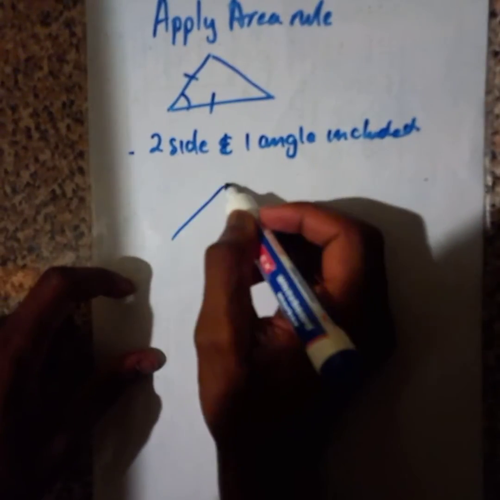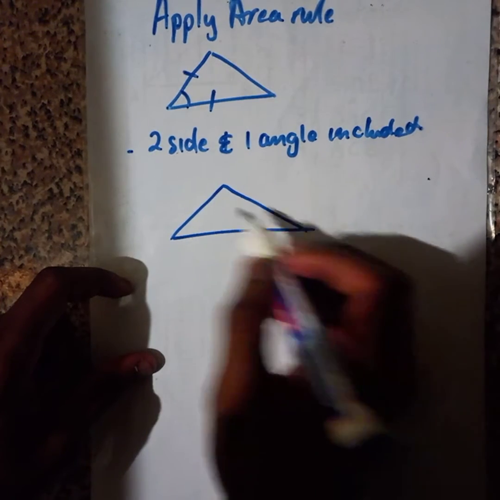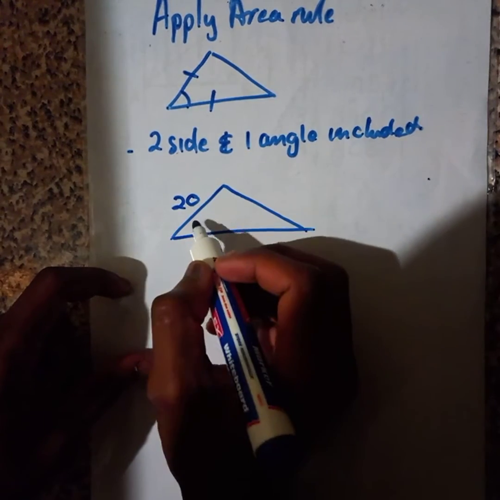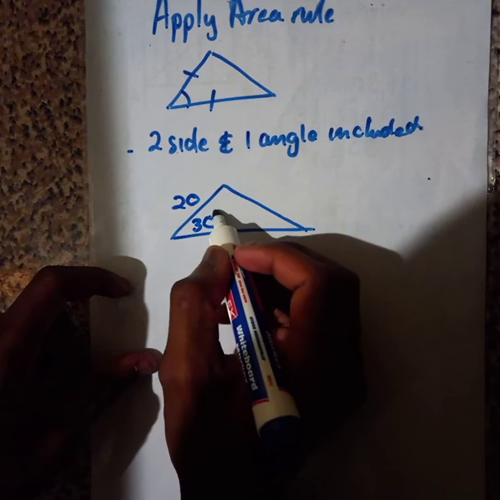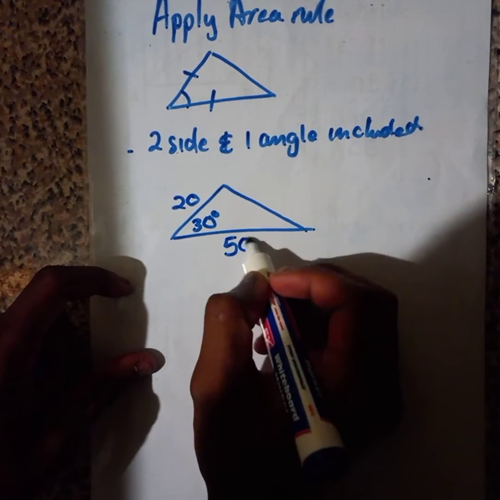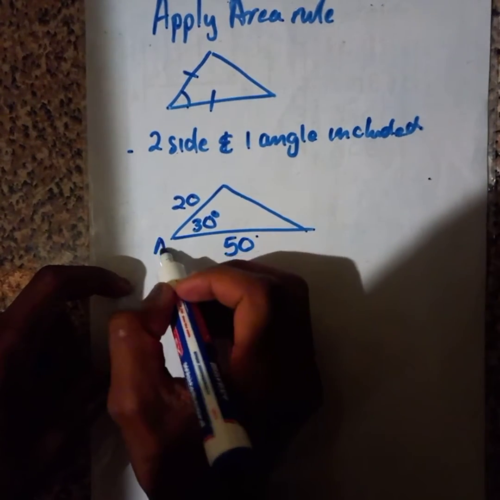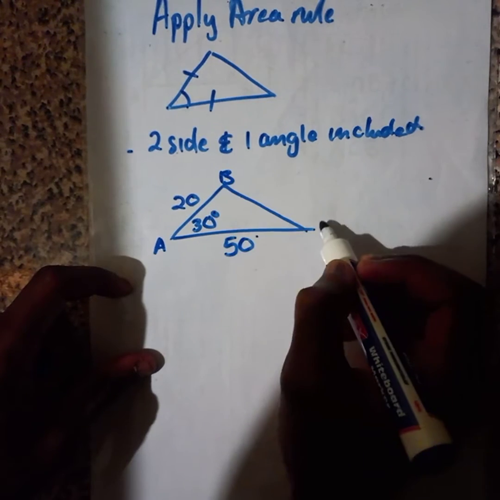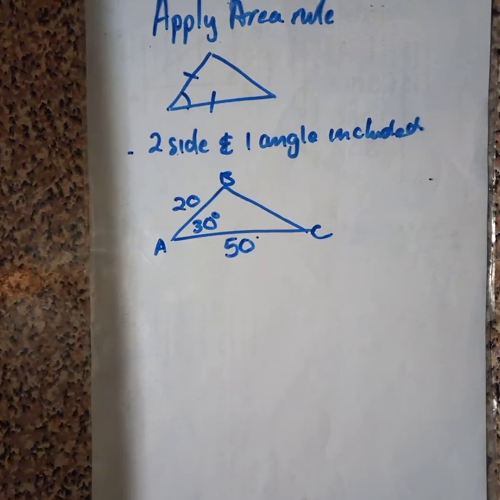Then let's say now I have my diagram like this. I give you 20 with 80 degrees. Here I give you 50. Then I say to you, find the area of this triangle.